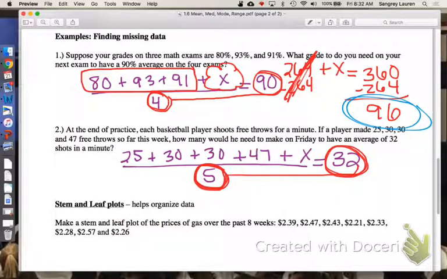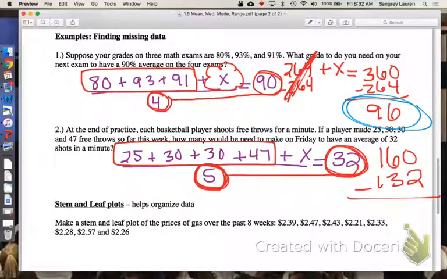When you multiply 5 times 32, we get 160. There we go. Now we add up all the ones we have so far, and we get 132. That's where that number was coming from. All right, and then when we subtract, we get 28. So we'd have to make 28 free throws on Friday in order for our average to be 32. Okay, those can get a little tricky, and we will practice more, I promise.